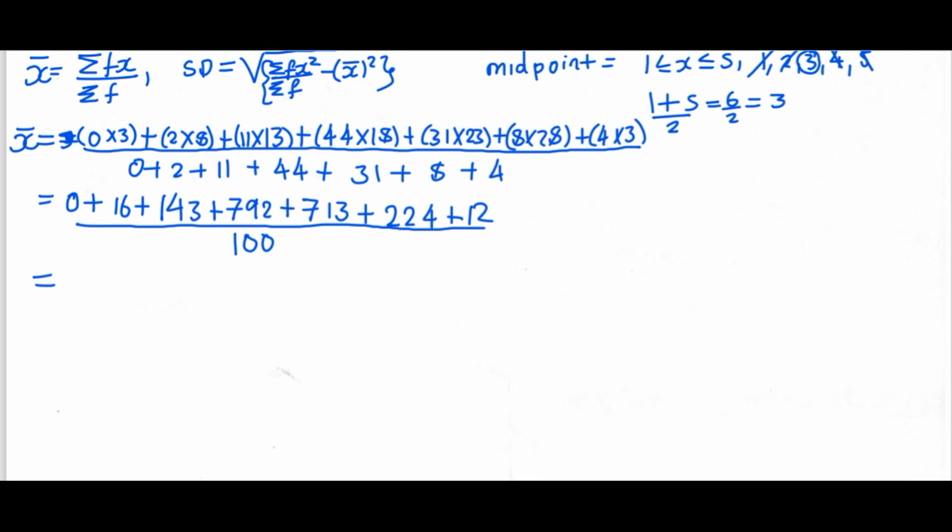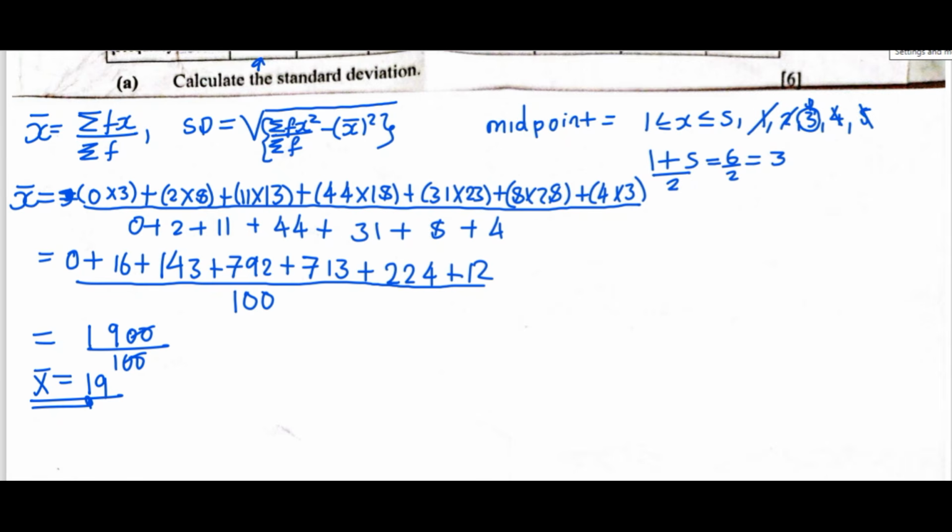So I'm getting 1900 over 100. So according to my calculations, I can see that my mean is just 19. So this is my mean. Okay, now we are done finding the mean.